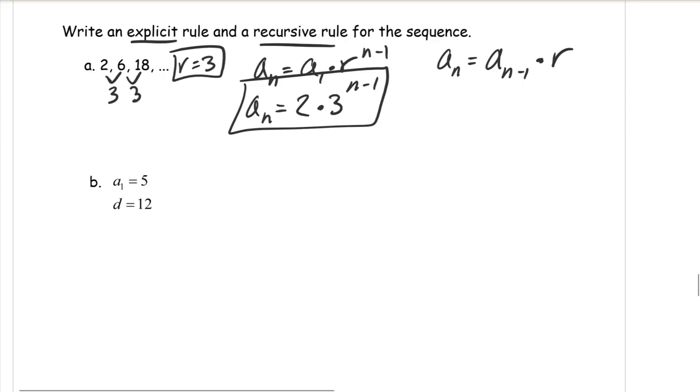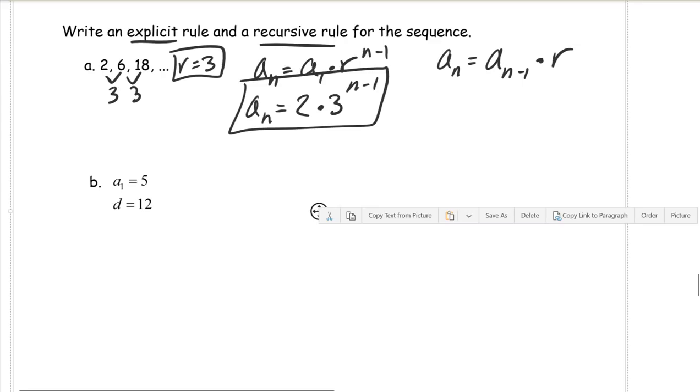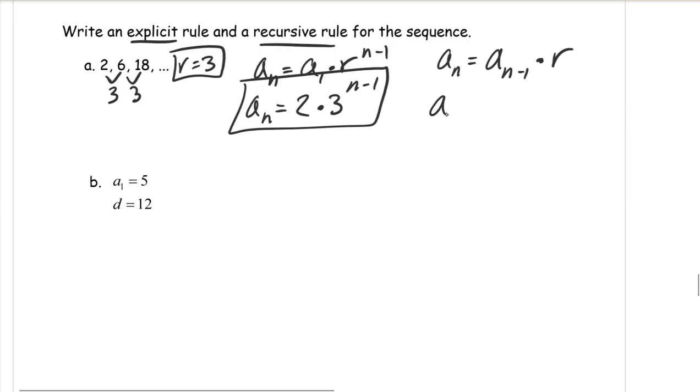You could also see it written the other way, which is a sub n equals r times a sub n minus 1. Same thing. So what are we going to say here? A sub n equals, what's our r? 3 times the previous term. Because a sub n minus 1 means our previous term.